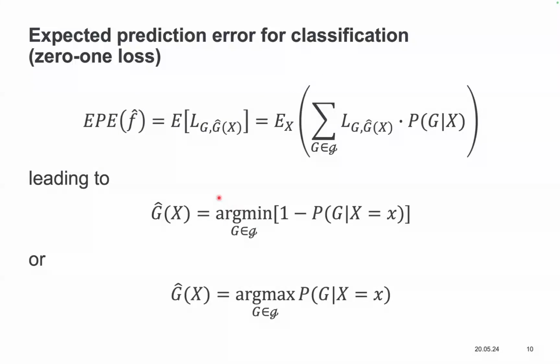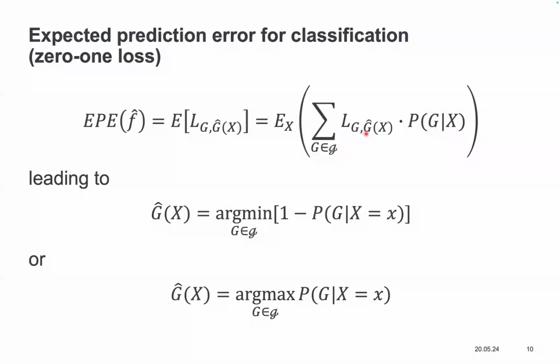And with this background, we can describe the expected prediction error for classification, which is given here by this formula. This formula describes that we go over all the different objects, all the different x's that we can have in our data distribution, and look at the probability of seeing them belong to a particular class.